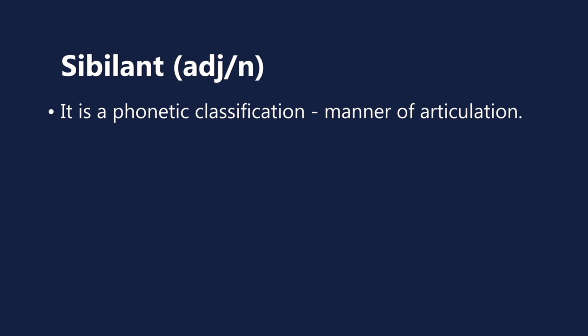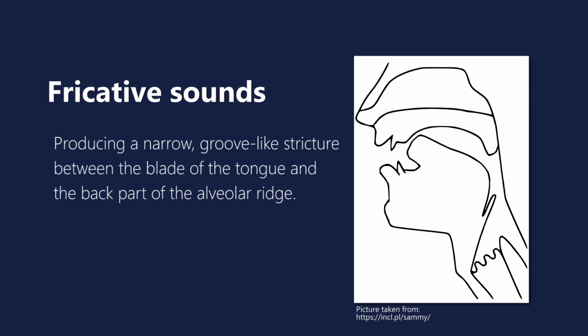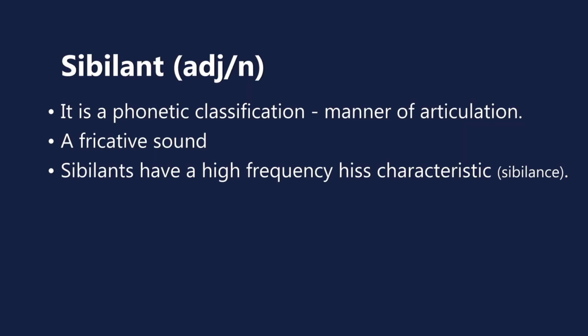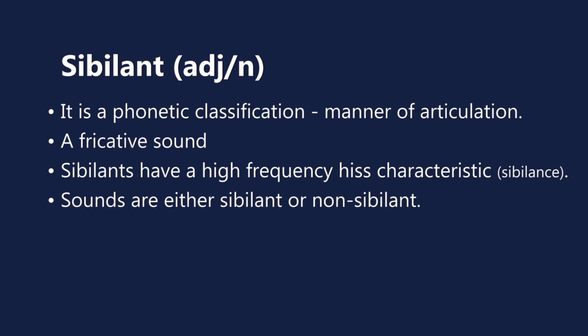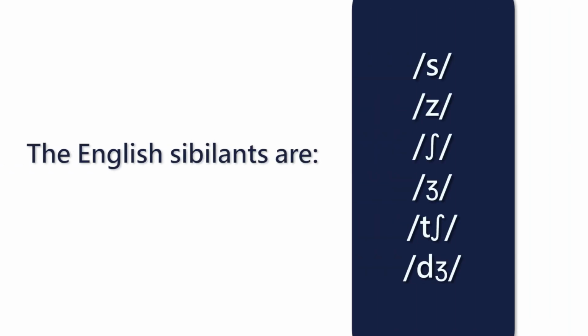A sibilant is actually a fricative sound that is made by producing a narrow groove-like stricture between the blade of the tongue and the back of the alveolar ridge. Sibilants have a high-frequency hiss characteristic, and this characteristic is referred to as sibilance. All sounds in any particular language can be classified into two groups, either as sibilants or non-sibilants. The English sibilants are "sa", "za", "sha", "zha", "cha", "ja".